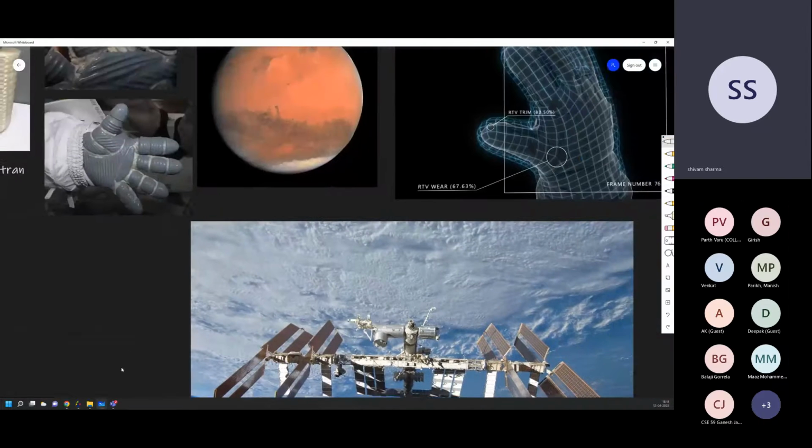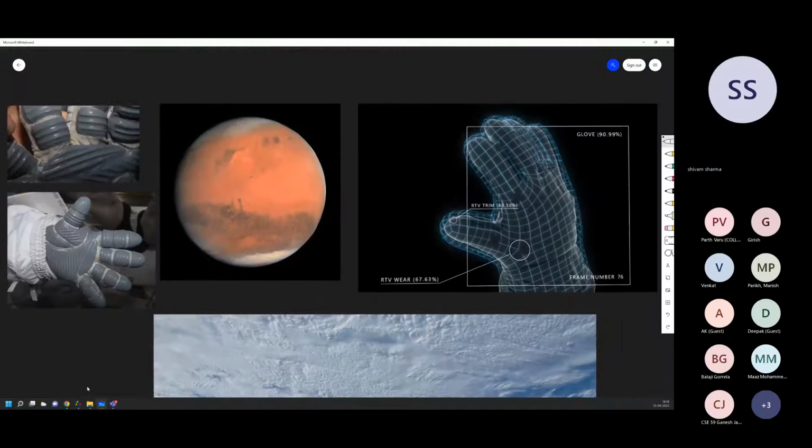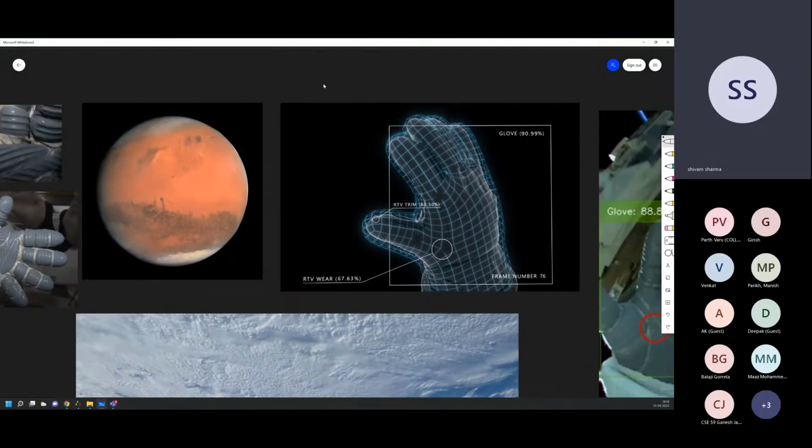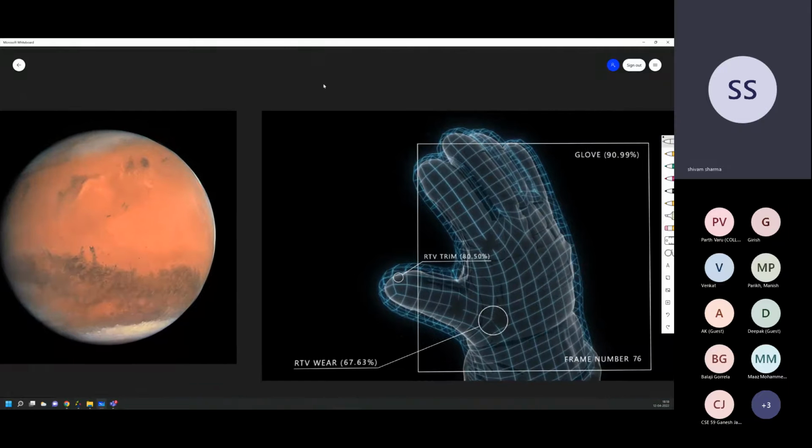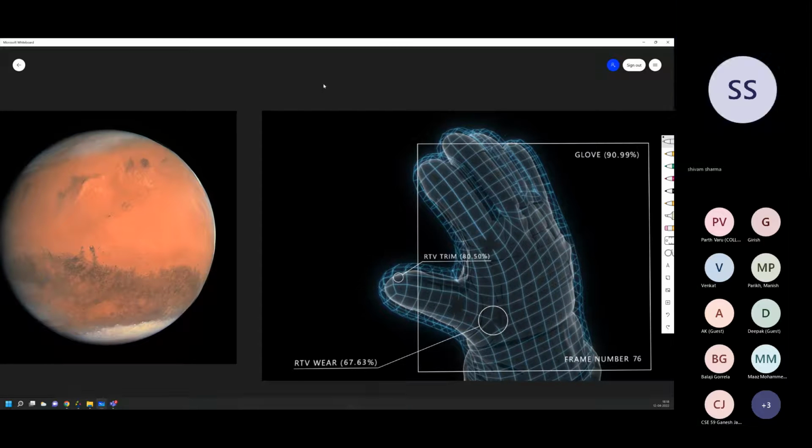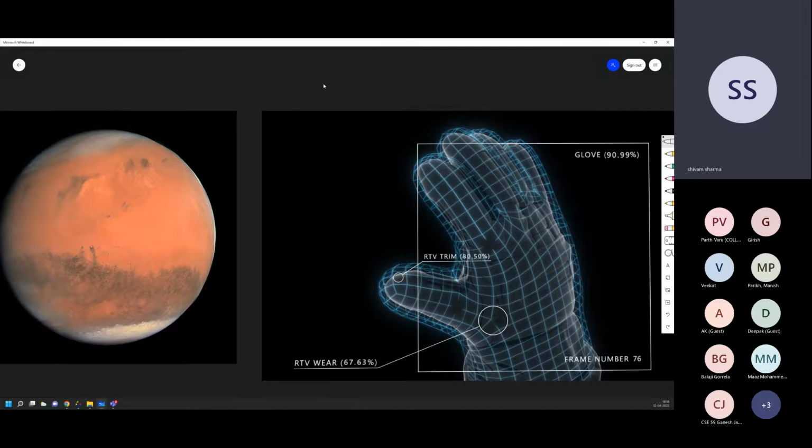Just to show you a couple of pictures, Microsoft and NASA, in collaboration with HPE, trained a computer vision application, and they have already deployed that application in the space station.